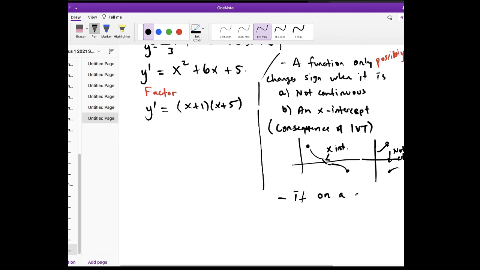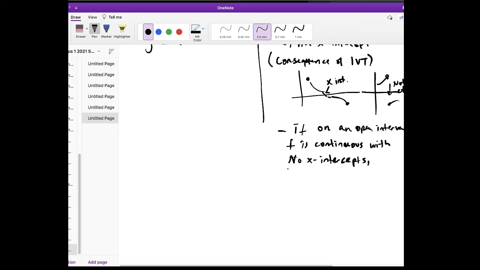If on an open interval, f is continuous with no x-intercepts, then if you know a value c inside, f prime of c greater than 0 implies what, you think?